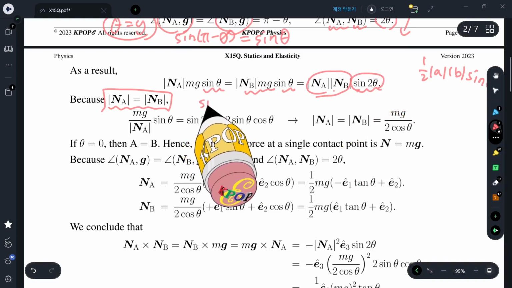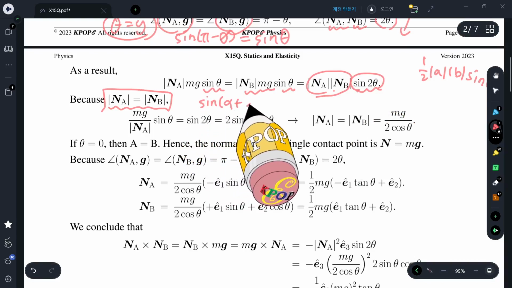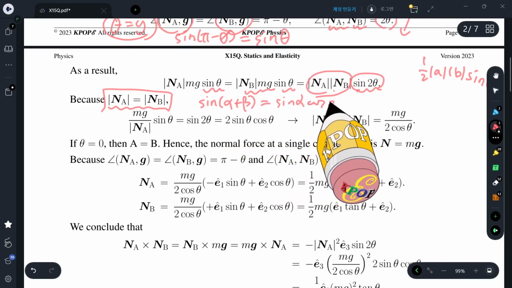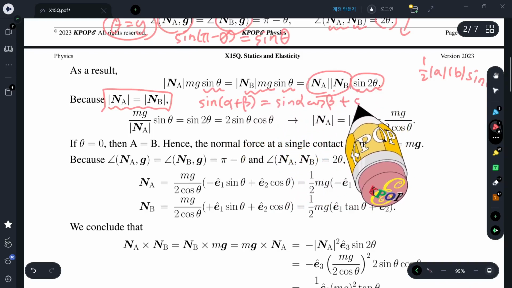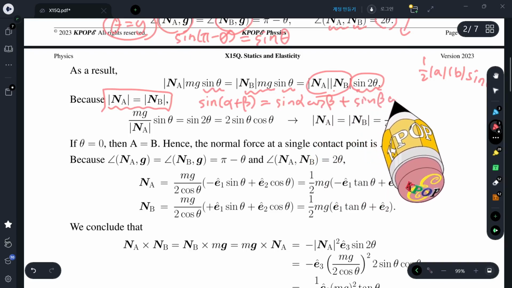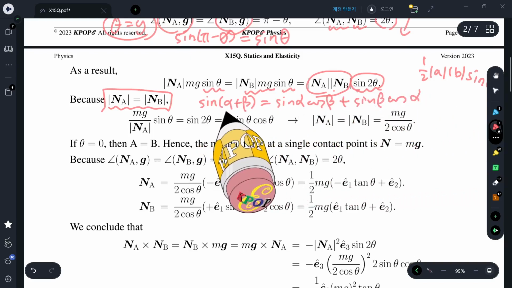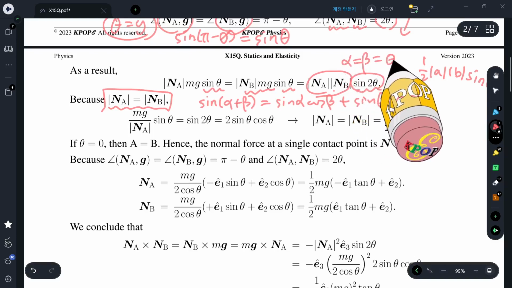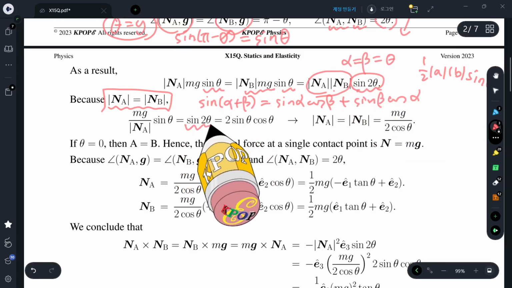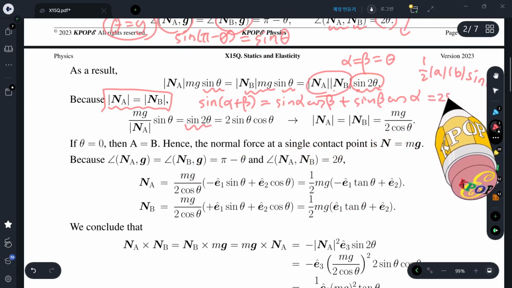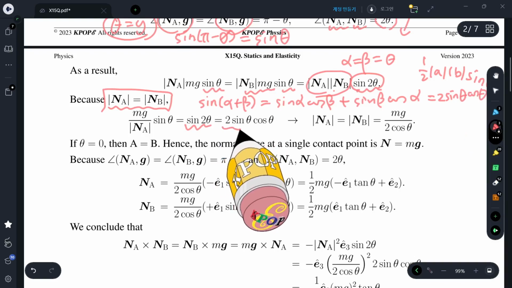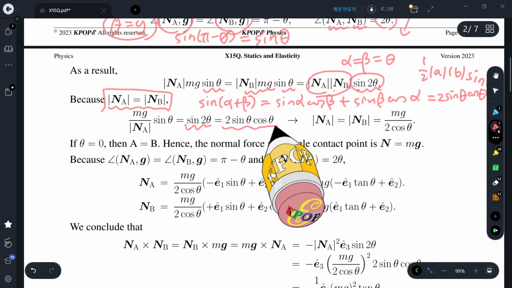You know, sine of alpha plus beta equals sine alpha cosine beta plus sine beta cosine alpha. And if I substitute alpha and beta equal to theta, I have sine 2 theta, and this one is 2 times sine theta cosine theta. As a result, I have this relation.